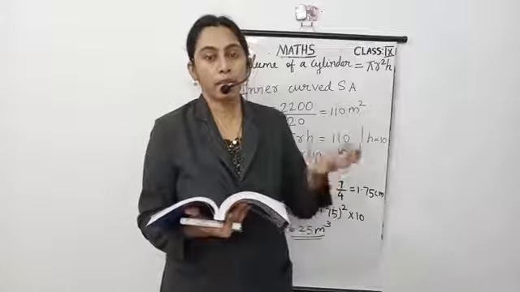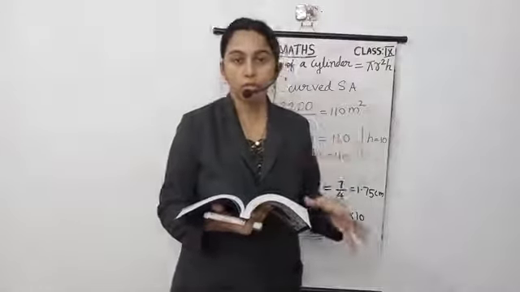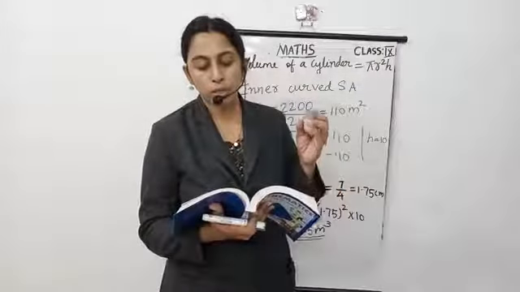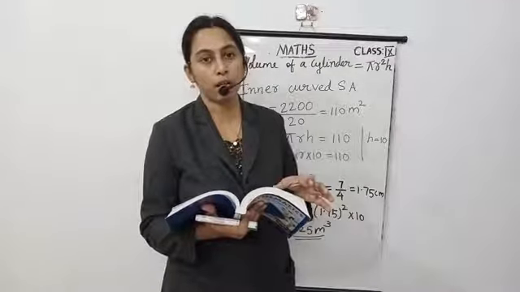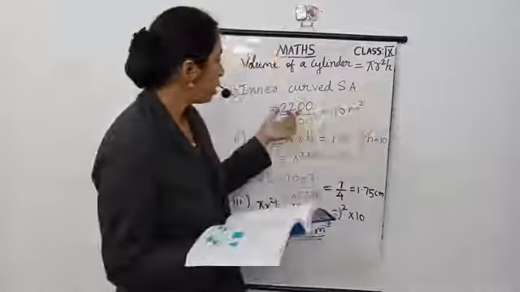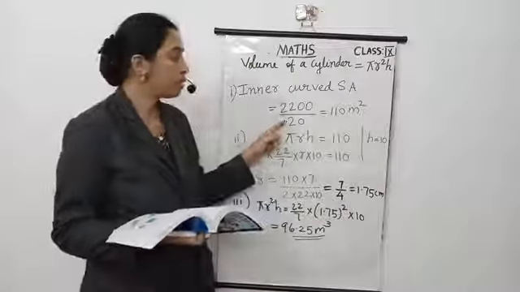So here, given it's reverse. We are given the total cost and the cost per meter square. We need to find the inner curved surface area, so we divide the total cost by the cost per meter square.